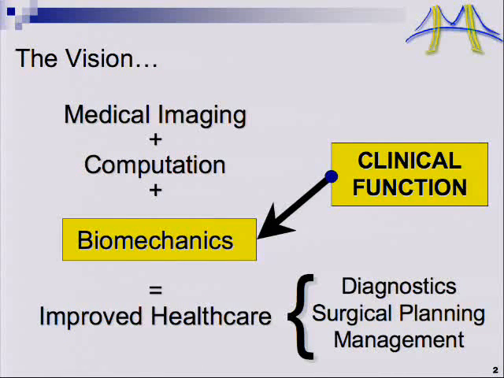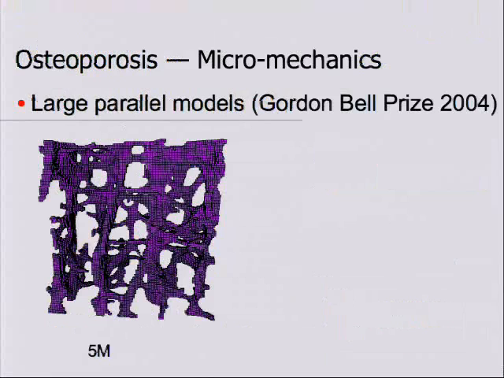The way you can translate this into actual useful products is through improved diagnostics or surgical planning. And eventually what you're trying to do is produce information that improves the management of patients that come in. So the biomechanics and the computation allow you to transform the medical image into outcomes that have clinical function.